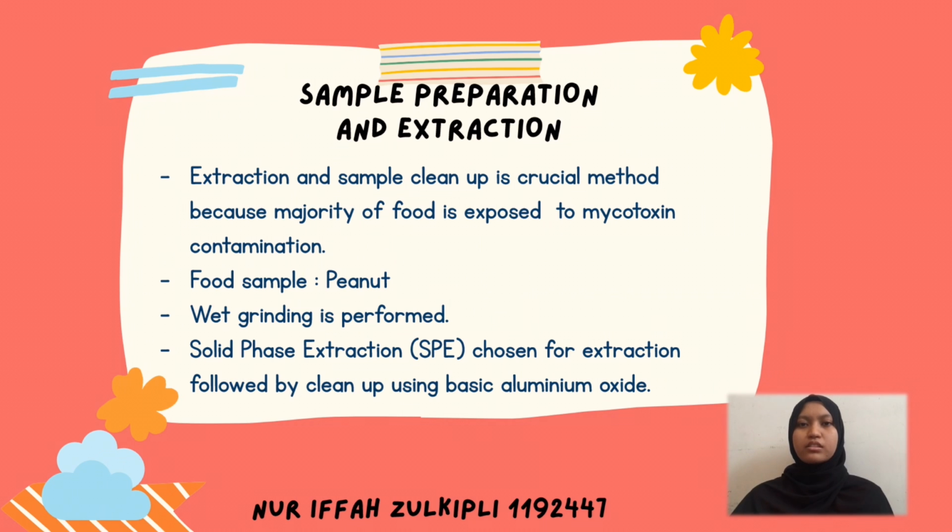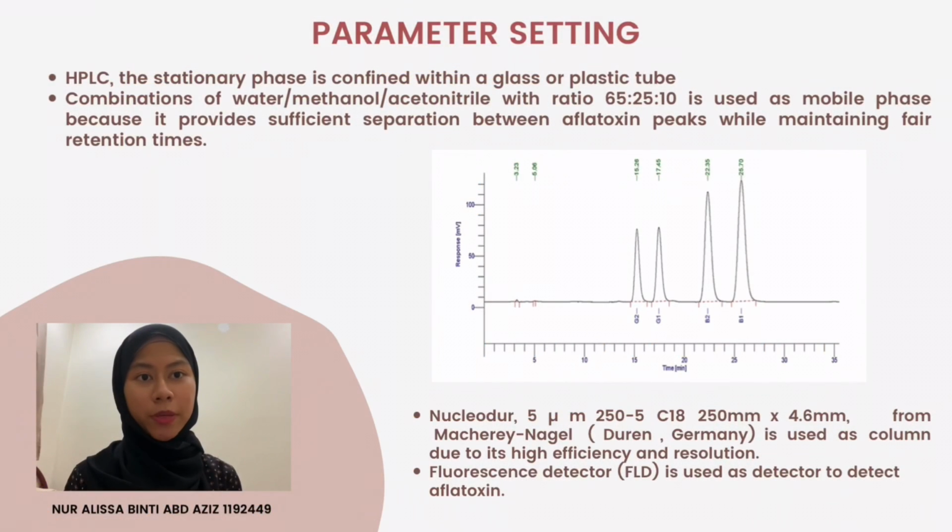The purified extract was injected into a liquid chromatography (LC) system that is equipped with fluorescent detection. Several chromatographic parameters such as selection of mobile phase, column and detector need to be optimized.